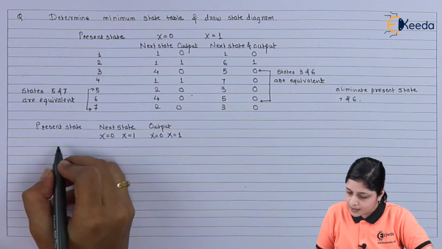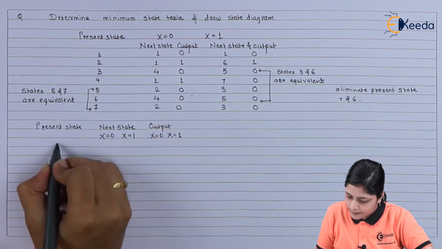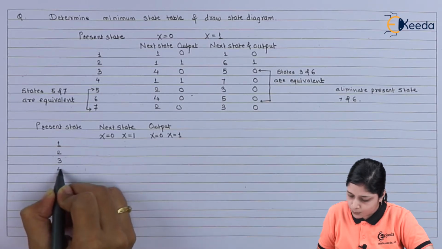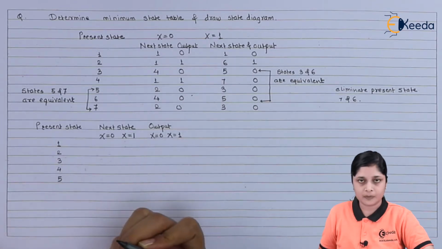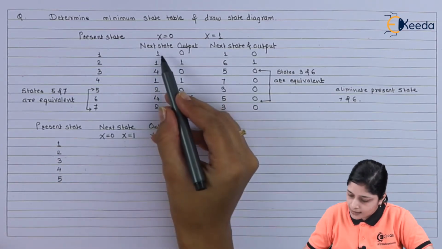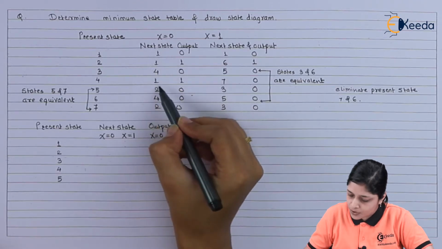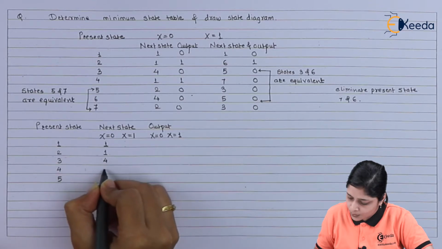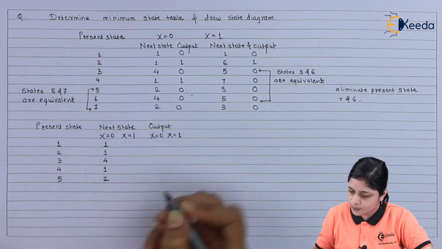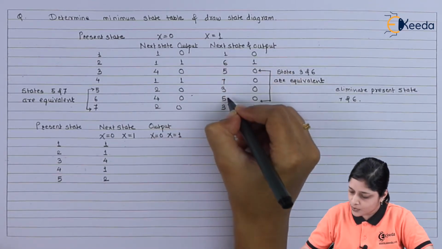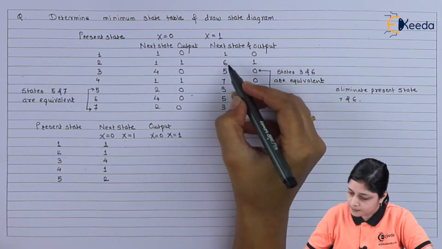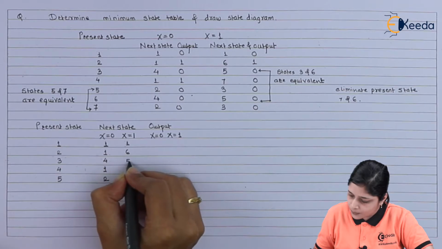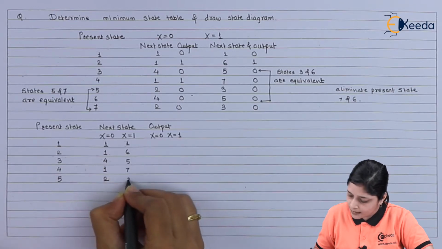So our table becomes: present states 1, 2, 3, 4 and 5. The next state for x equals 0 is 1, 1, 4, 1 and 2. For x equals 1 it is 1, 6, 5, 7 and 3.